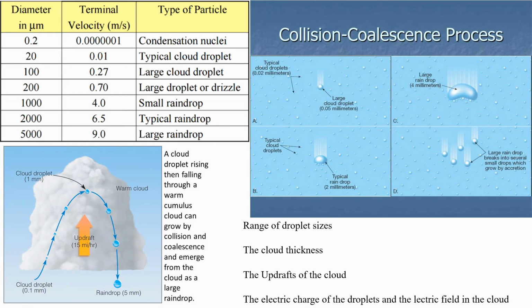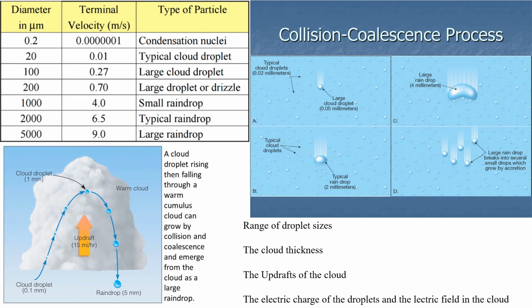The most important factor in the production of raindrops is the cloud liquid water content. Other significant factors are the range of droplet sizes, the cloud thickness, the updraft of the cloud, and the electrical charge of the droplets and the electrical field in the cloud.